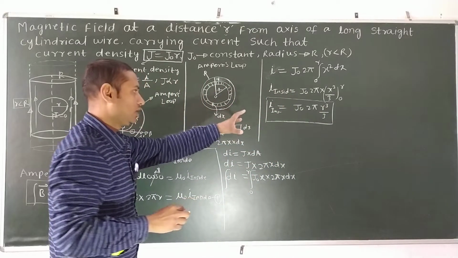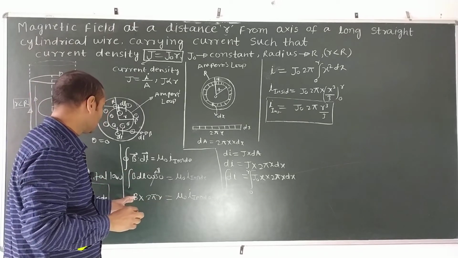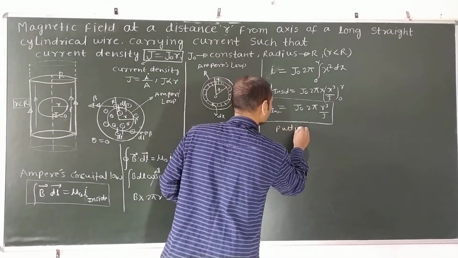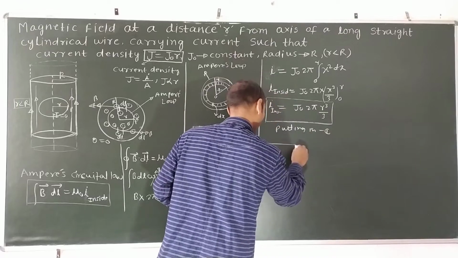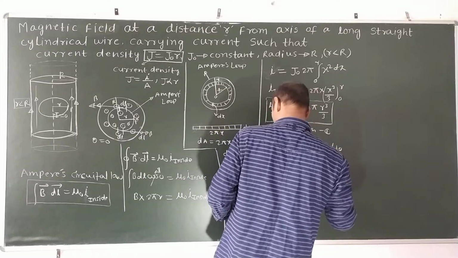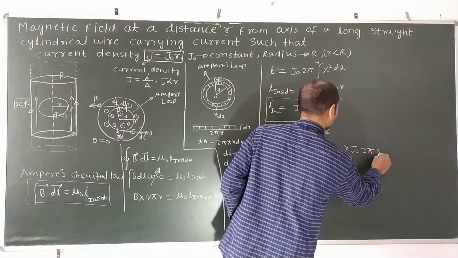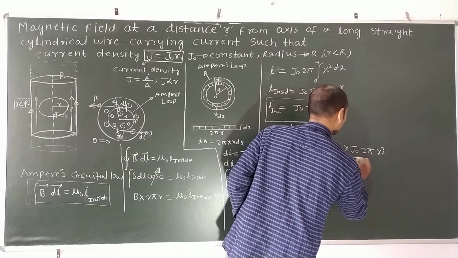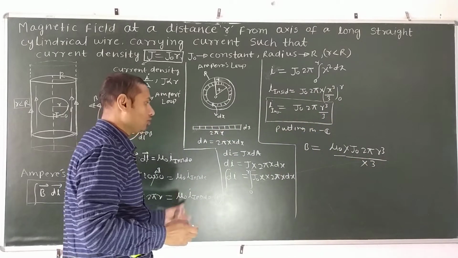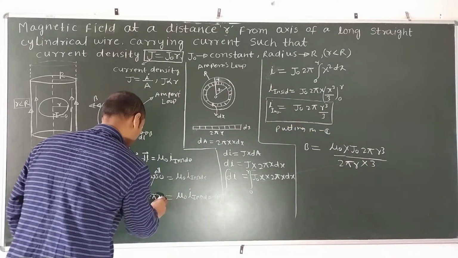We put that value of I inside in equation 1, and from here we can find the magnitude of B at a point r. Putting in 1, B becomes mu naught I inside, that is J naught 2 pi r cube divided by 3, and the 2 pi r goes to the denominator.